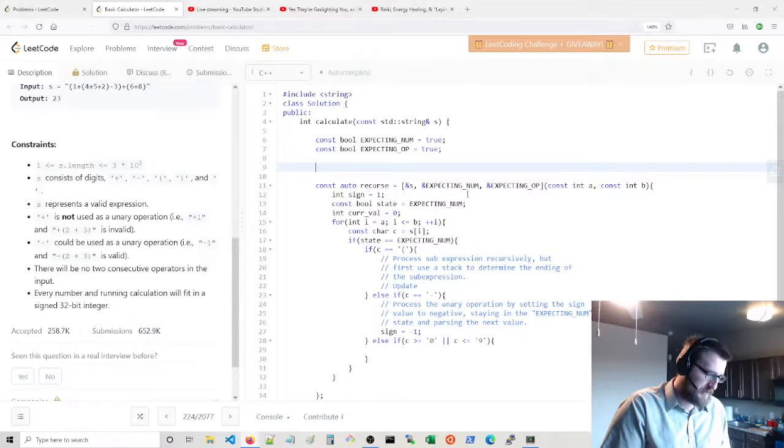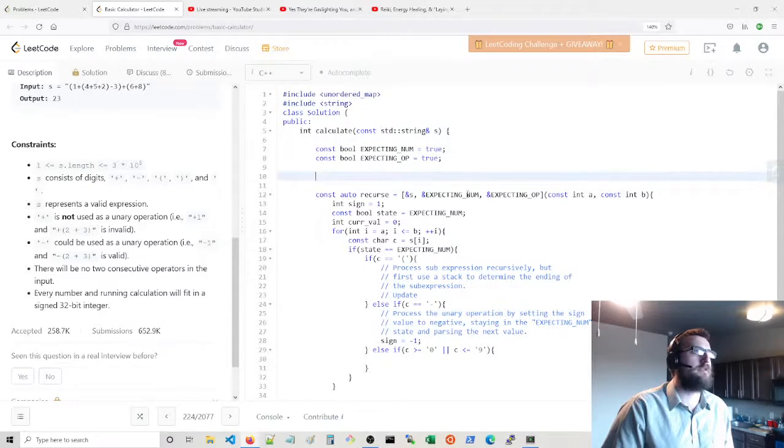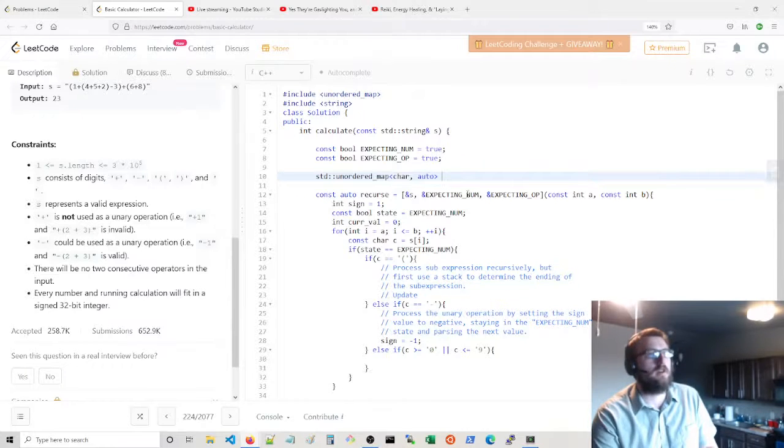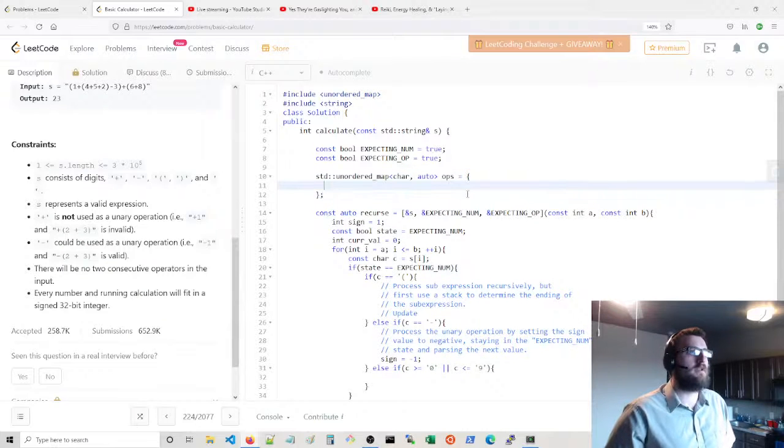And the way we would do this is we can have an unordered map for the operators, an unordered map of characters to lambda expressions. This is going to be the ops, and it's going to look like the following.